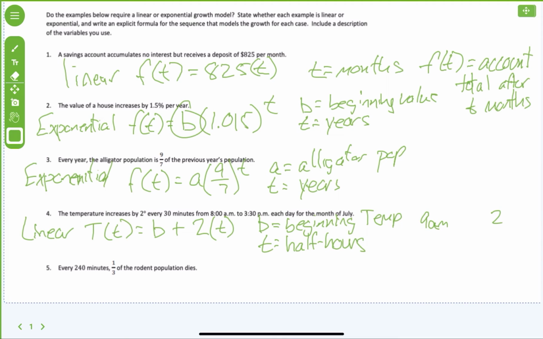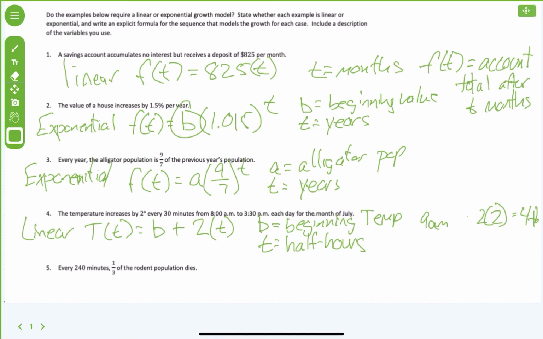So 2 times 2 is 4. It would have increased by 4 degrees by 9 a.m. And that makes sense because it's going up by 2 every half hour. Okay? Everybody understand that? Anybody got questions?